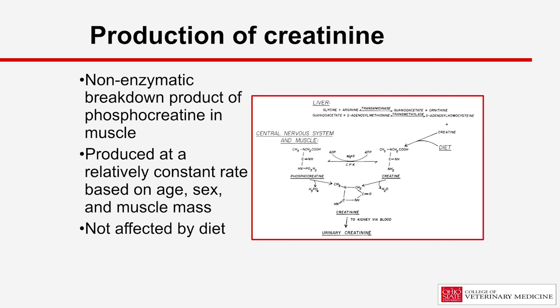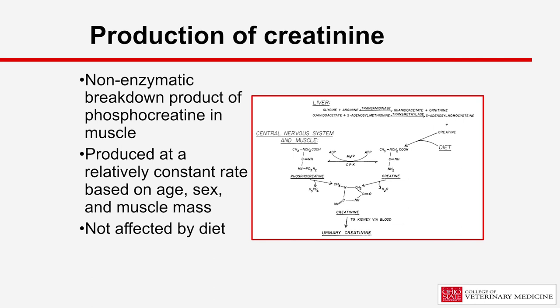This is a spontaneous breakdown of the phosphocreatine and creatine that occurs at a very constant rate in the body every day. It's not an enzymatic process. It's a constant degradative process that occurs very constantly, dependent only on the muscle mass of the individual.